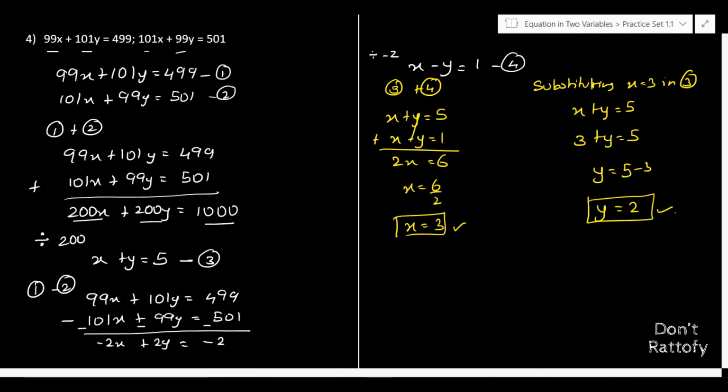Basically what we want to do is find the value of x plus y, and we are going to form the equations as x plus y and x minus y. If I can convert the equations into x plus y is equal to something and x minus y is equal to something, then I can use elimination method to solve the equation.